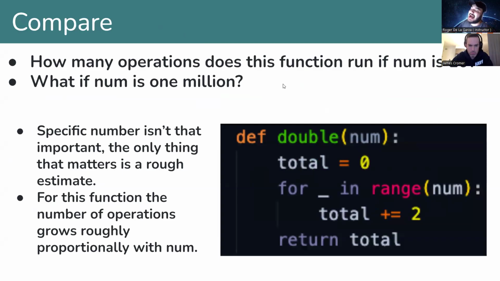Let's compare. How many operations does this function run if num is 10? What's the value of num?